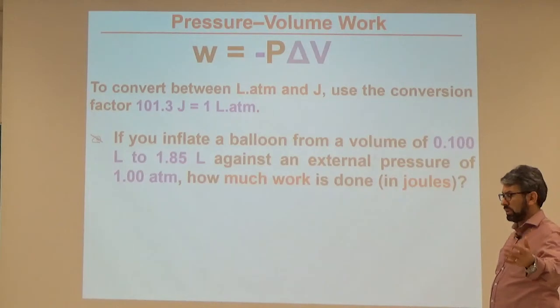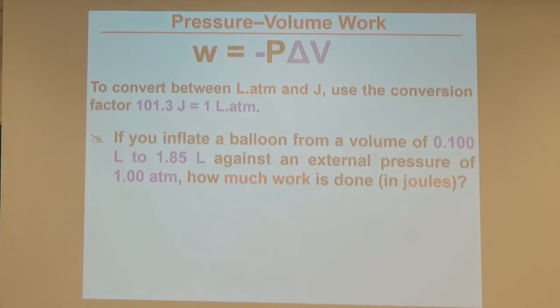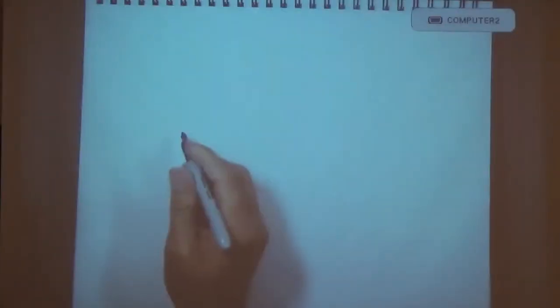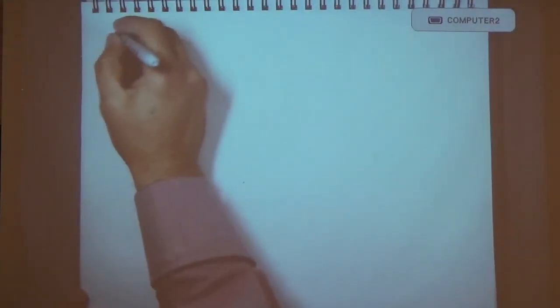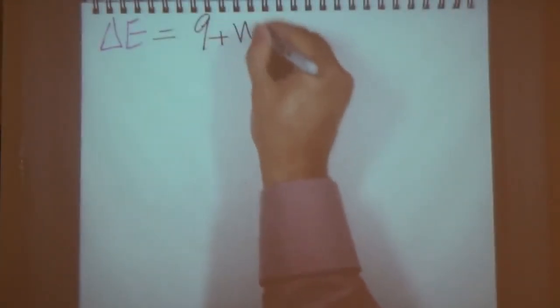But I need to think about Q, and I'm going to mention what I meant by that. So we have this formula that says delta E is equal to Q plus work.